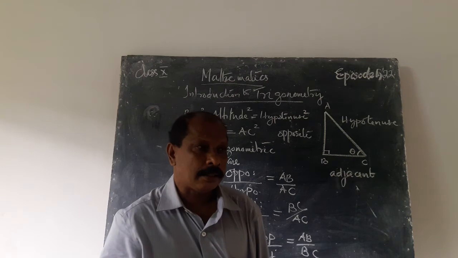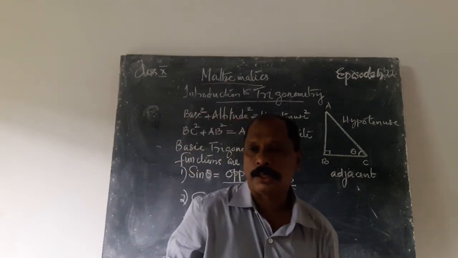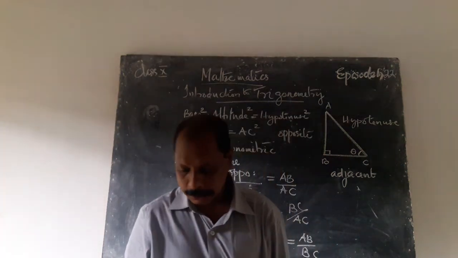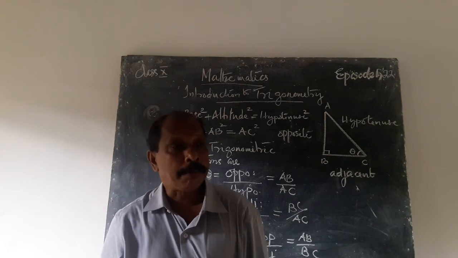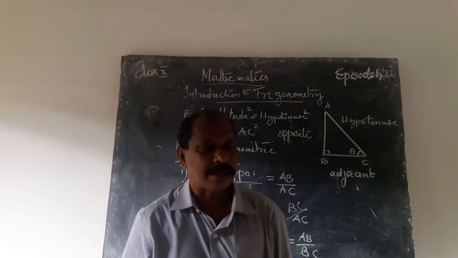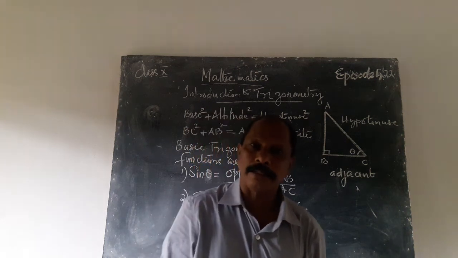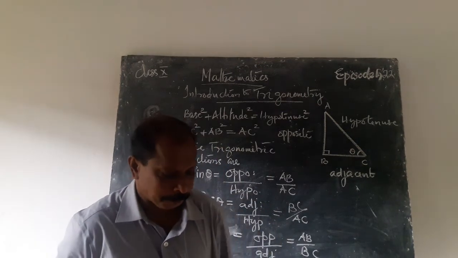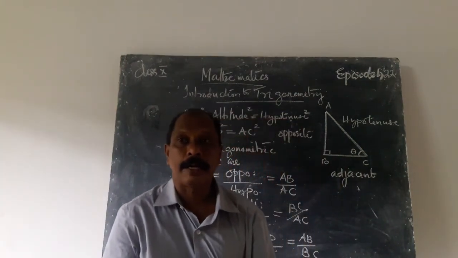The side against that angle is the opposite side, the side nearest to it is the adjacent side, and the third side, against 90 degrees, is the hypotenuse. From the figure, ABC is a right angled triangle with right angle at B. With the angle at C as theta, AB is the opposite side, BC is the adjacent side, and AC is the hypotenuse.